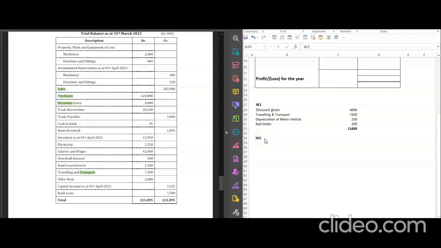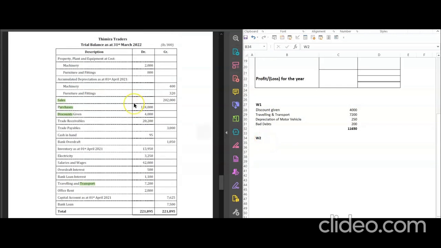So under administration expenses, if you go to the trial balance and see what are the items that we can take under administration expenses, the first one we can say is electricity. Electricity expense is an administration expense. Then salaries and wages.